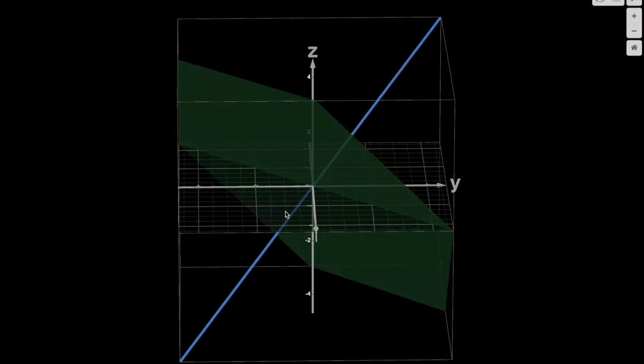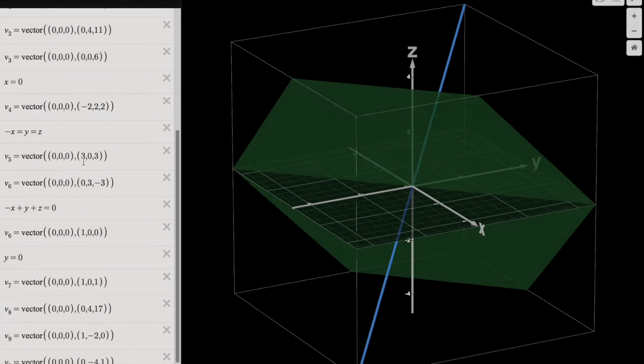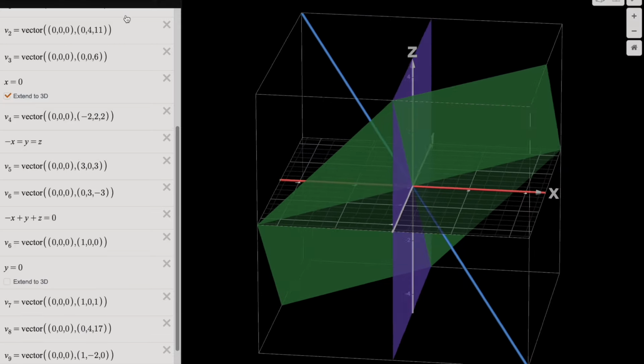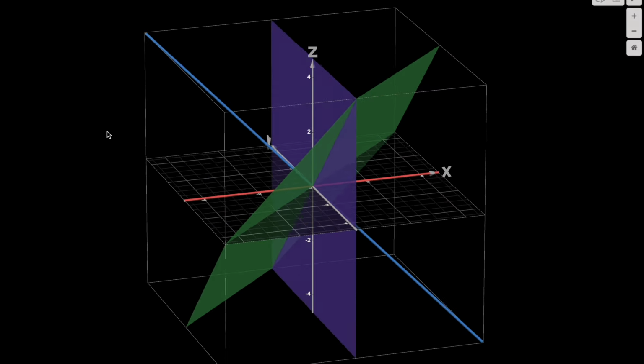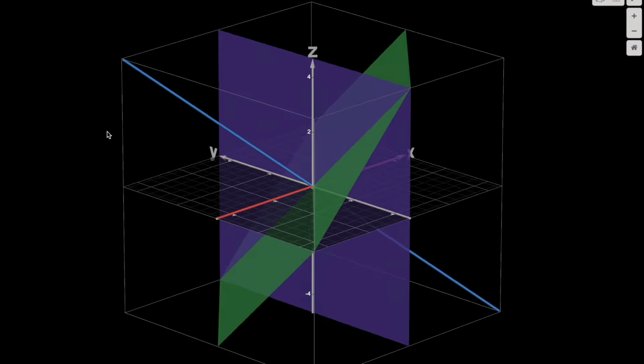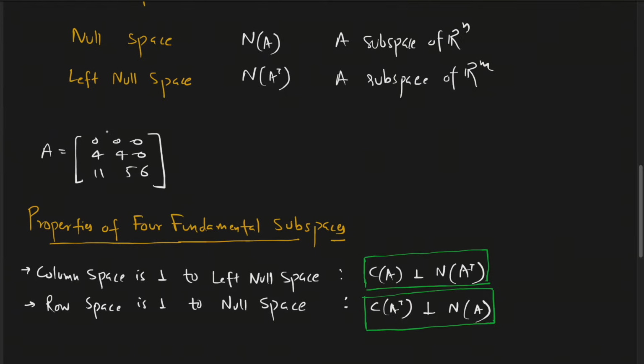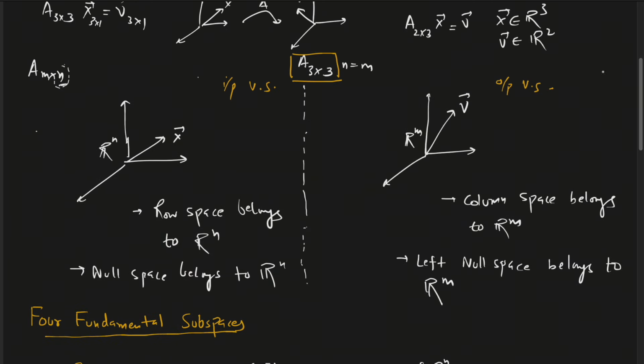So we have seen the four subspaces in a nutshell and their properties as well, right? So how they are interconnected, how the vectors move from one subspace to another. The two subspaces belonging to the same vector space, row space and null space, are orthogonal to each other.